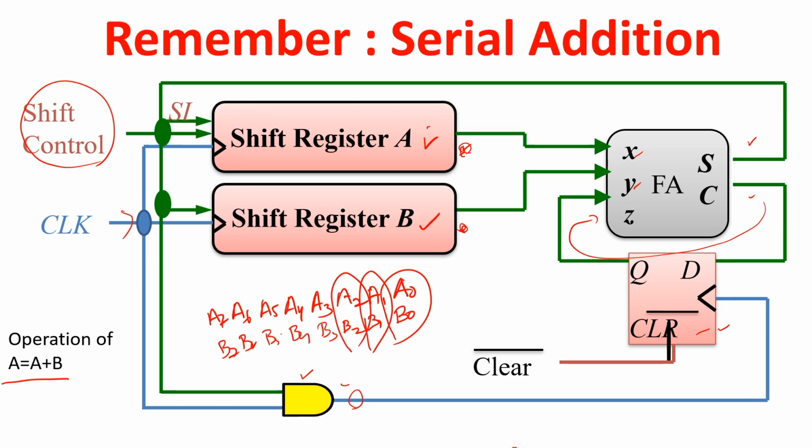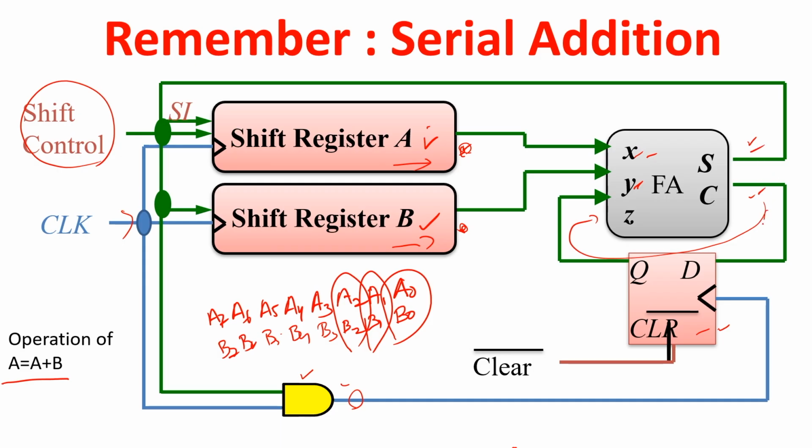It does this serially from the right, one after another, by shifting right. Every clock cycle we shift one bit and give it as input to the adder, which generates sum and carry.